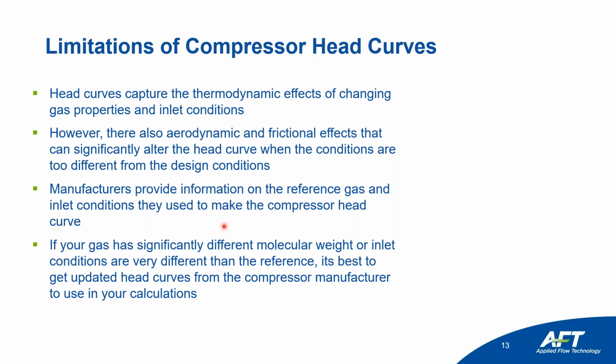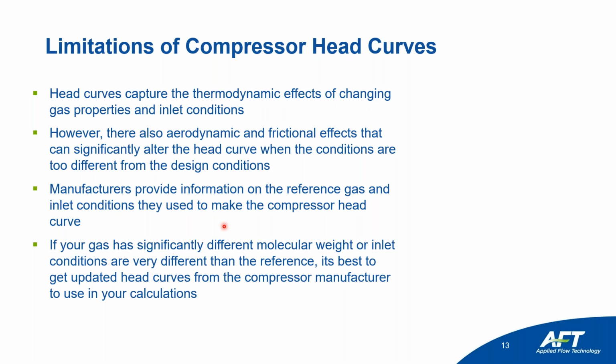So even though this head curve is meant to be this very constant, reliable thing that you don't have to correct, it still can be affected by aerodynamic and frictional effects as your actual working conditions differ too far from the design conditions that the compressor is meant for.